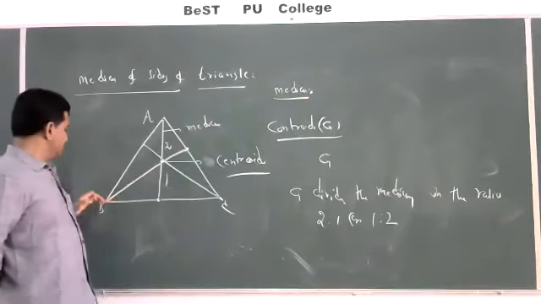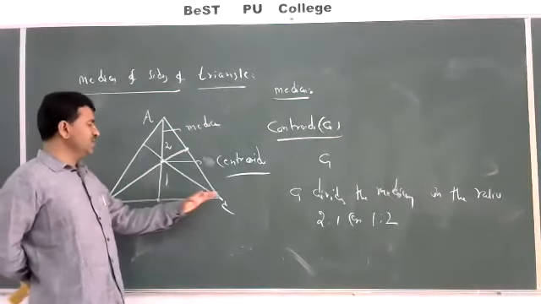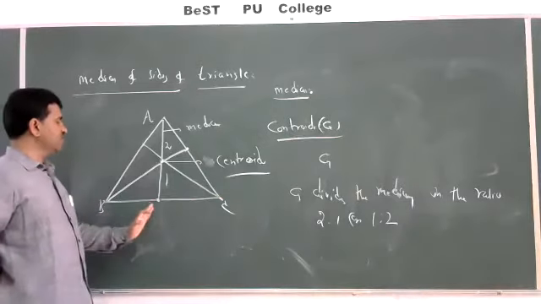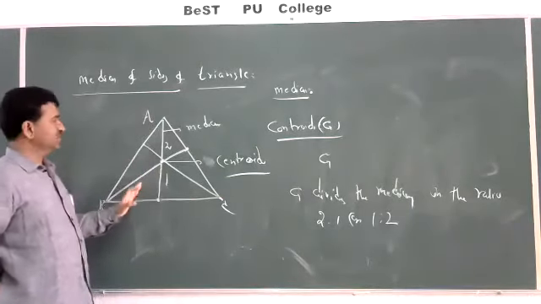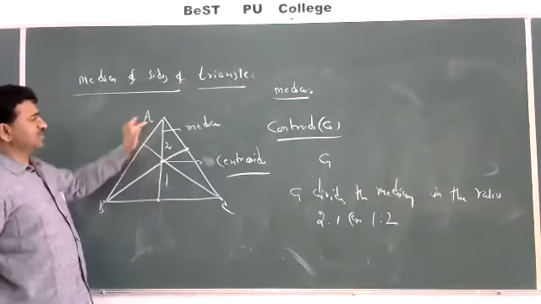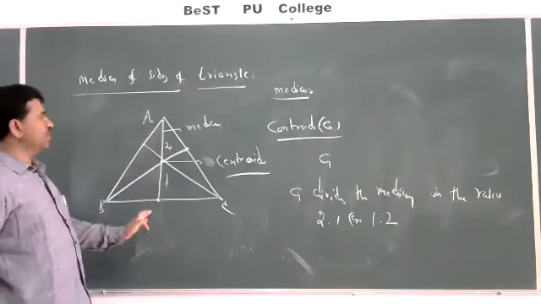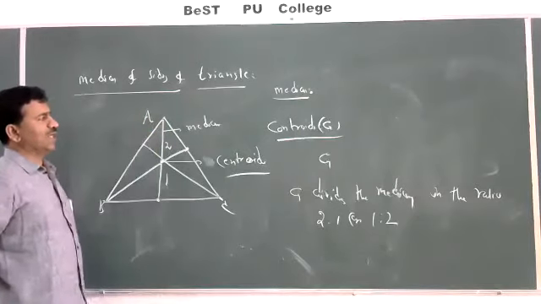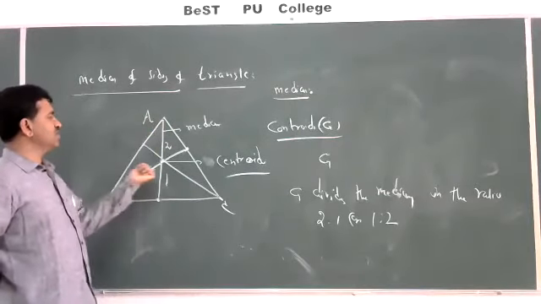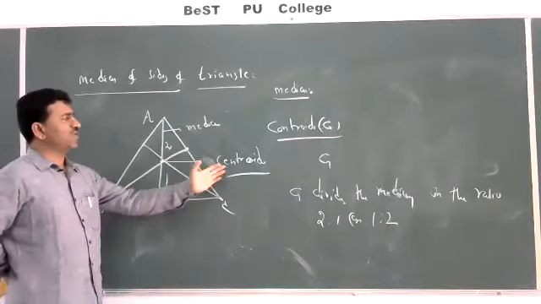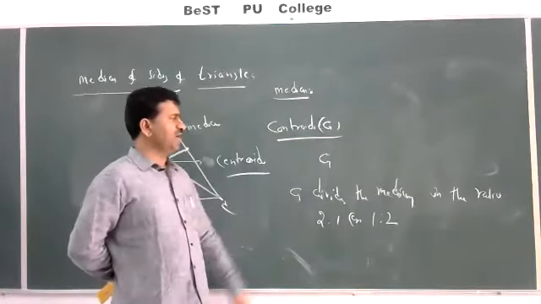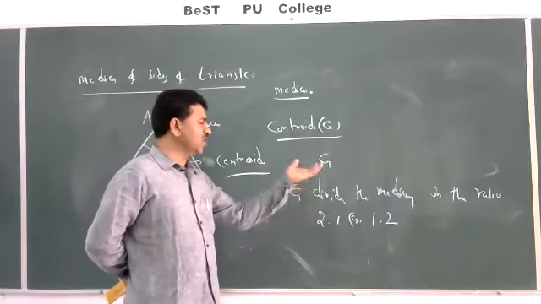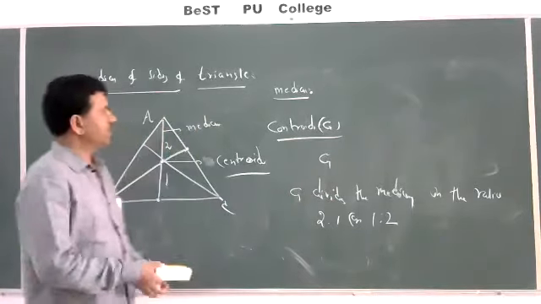The median is a line segment which joins the midpoint of one side to its opposite vertex, compulsorily midpoint and opposite vertex. The point of concurrency of the medians is called centroid. It is denoted by G. G divides the median in the ratio 2:1 or 1:2.